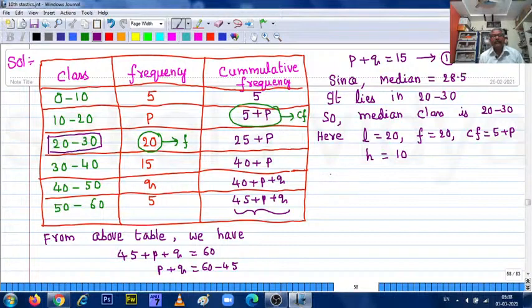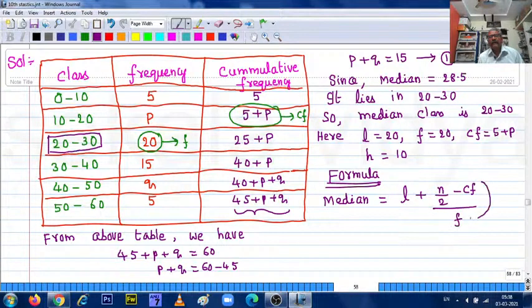Now write down the formula. What is the formula to find out the median? Median is equal to L plus (n by 2 minus CF) by f, times h. Don't get confused, the median is already given here, 28.5.